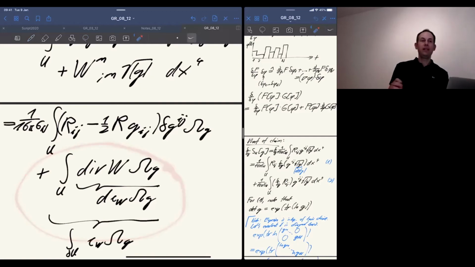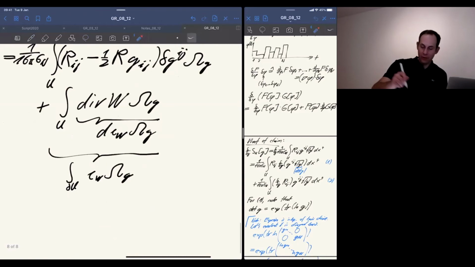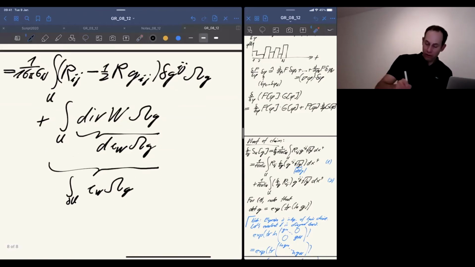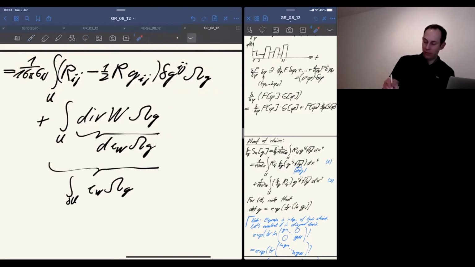So if we change things only in the interior, and here I'm a bit, let's say now, careless. Let's just suppose for some reason we can do that. We just change the delta gij in the interior of u and not at the boundary. There are some problems with that, but we will not address them for the moment. Let's just suppose we can do it. Then, of course, this expression here equals 0, and because this has to be 0 for all variations of delta gij, it equals 0 whenever this thing here is 0.